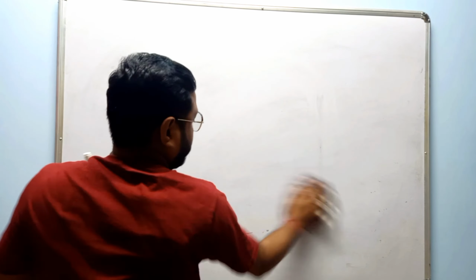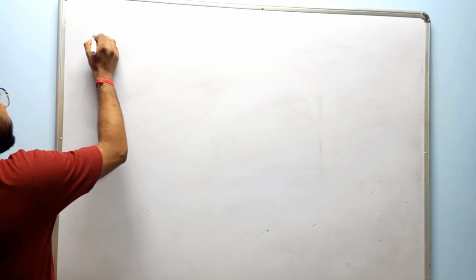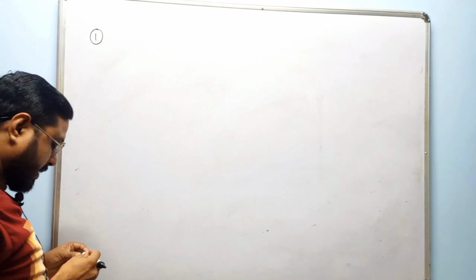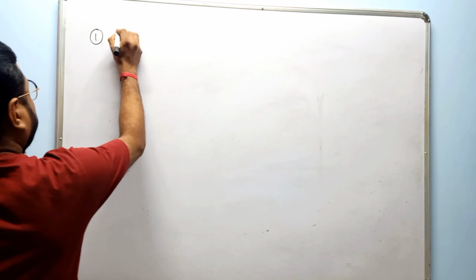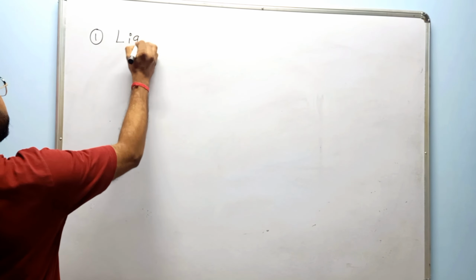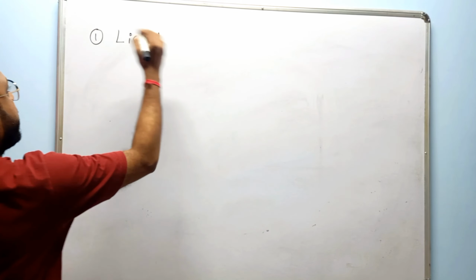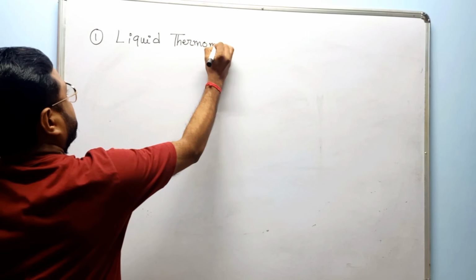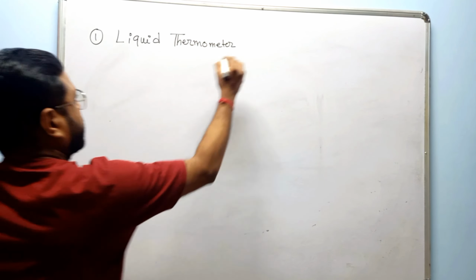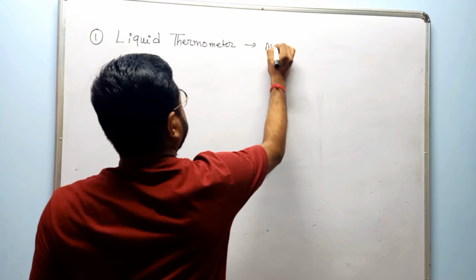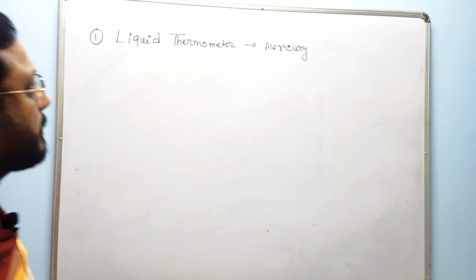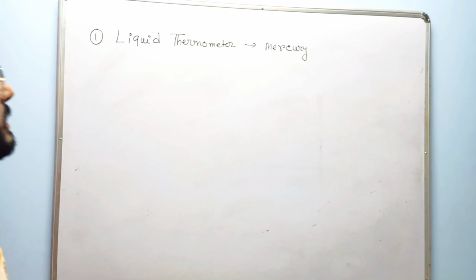So number one is the liquid thermometer. Here, generally mercury is taken as the substance to measure the temperature of a body.